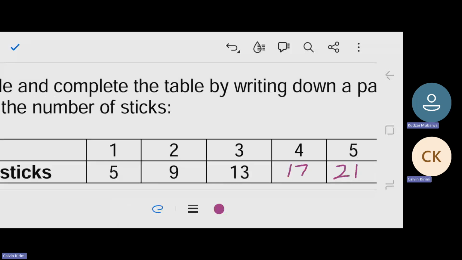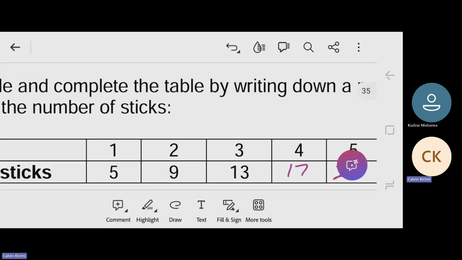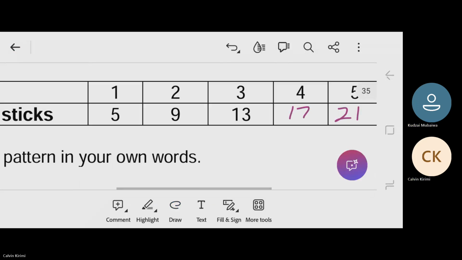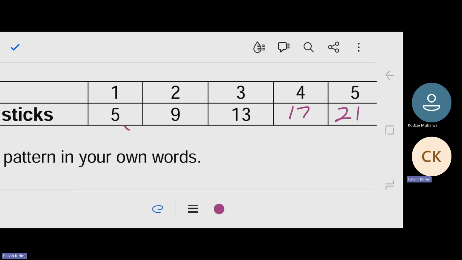All right, so let's verify if it's correct. From 5 to 9, they added how much? Plus 4. Then from 9 to 14, again plus 4. So here you are going to add plus 4.